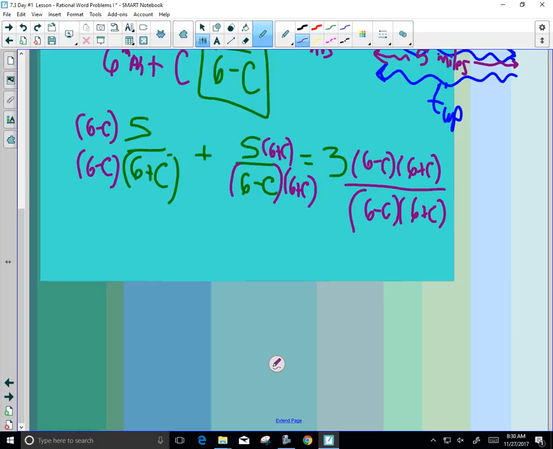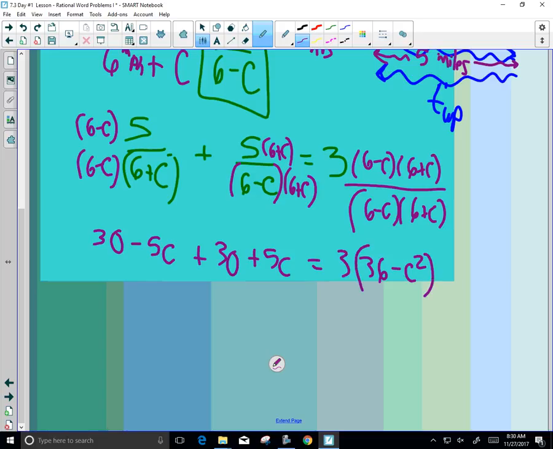5 times 6 is 30 minus 5C. 5 times 6 is 30 plus 5C equals 3. Let's see, 6 times 6 is 36. Minus 6C plus 6C is 0. So it'll be minus C squared times 3.